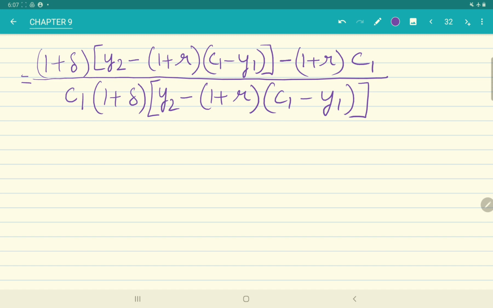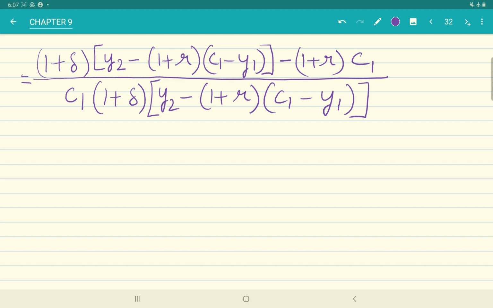Now we are going to equate the derivative to 0, but before that we would like to take up the numerator separately and rearrange it. I'm going to set this derivative du by dc1 to 0 precisely because, if you can recall, the question was that we have to find the optimal borrowing or saving plan.